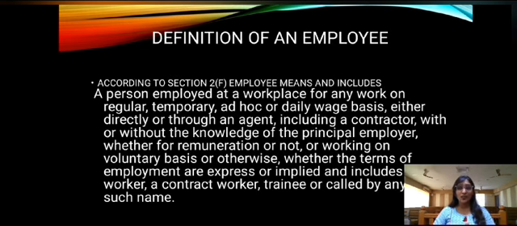Now, we need to understand what is meant by employee. According to Section 2F of the POSH Act, a person employed at a workplace for any work on a regular, temporary, ad hoc, or daily wage basis, either with or without the knowledge of the principal employer, is called an employee. The terms and conditions for the employee may be express or implied.